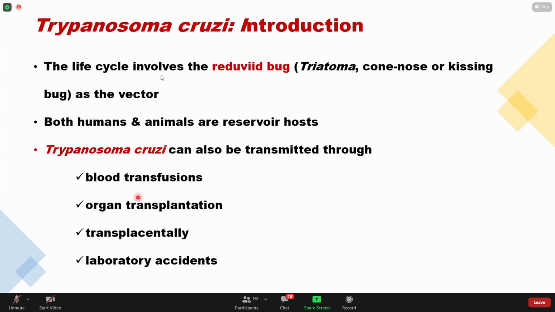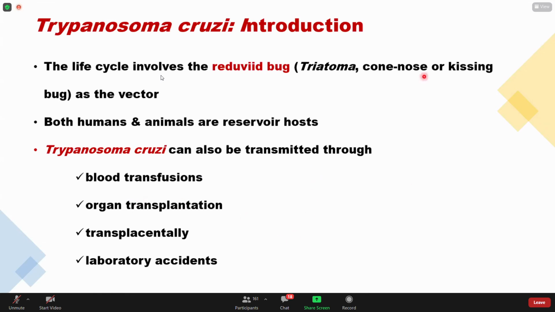So when the bug bites, the bite is painful. So as a reflex, the person being bitten is going to rub the feces into the sore. So it's not really true inoculation, okay? But you're going to rub it in. So that's how it's transmitted.